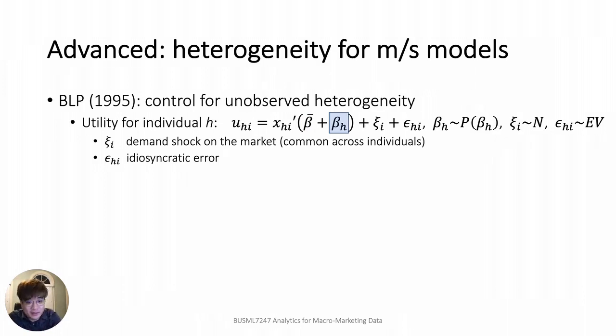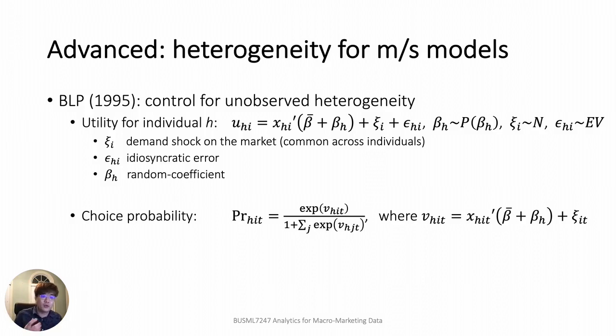Because individual-level data are not observed, the individual-specific preference cannot be directly inferred. Instead, it is probabilistically defined, and this P denotes the probability distribution of the preference. This beta h is sometimes called the random coefficient.